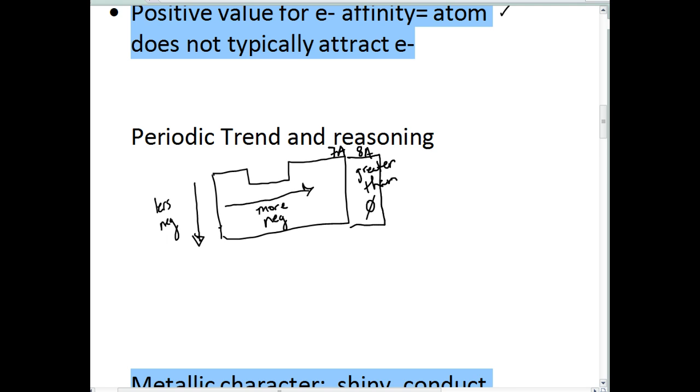Really, the greatest electron affinity is going to be right up here at the top, which is going to be fluorine. And basically, the reason why fluorine has the greatest electron affinity is due to size.